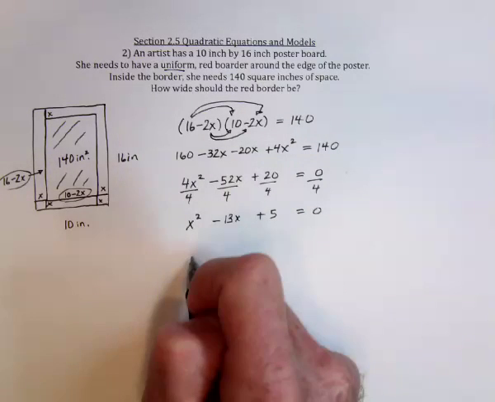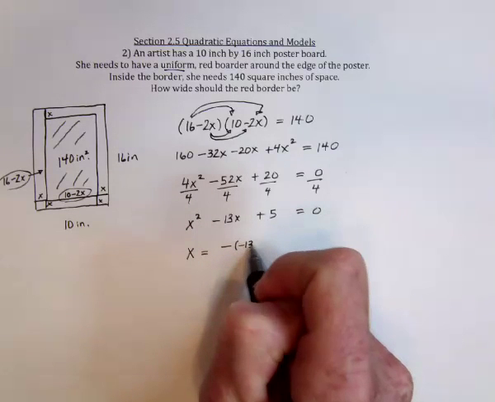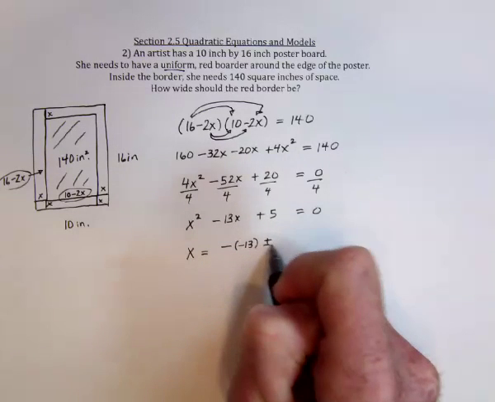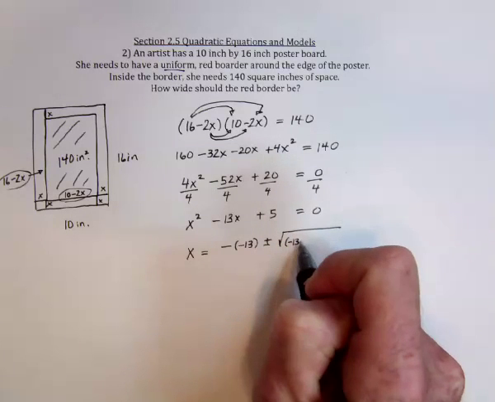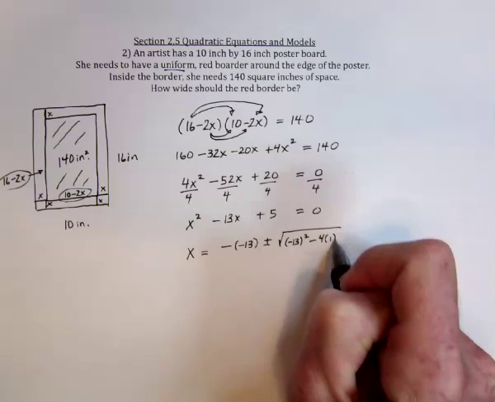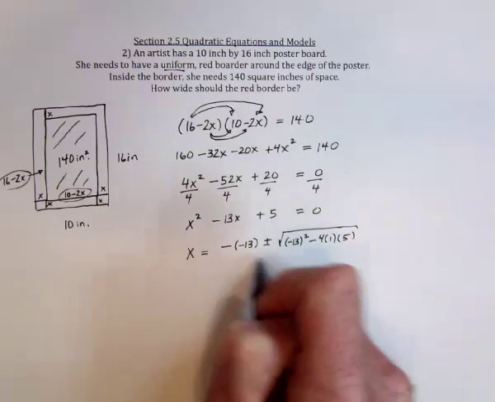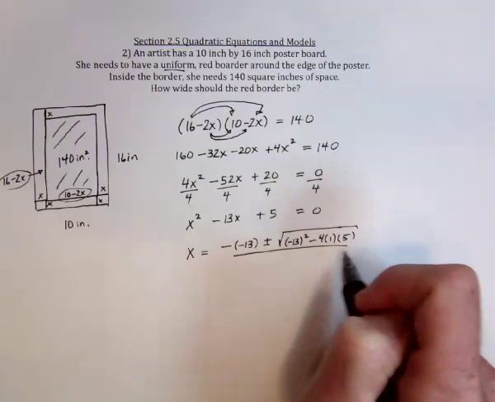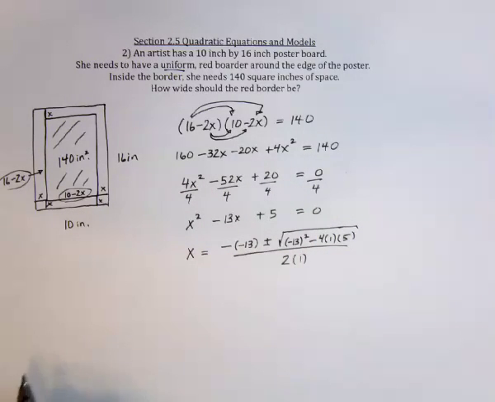And then the quadratic formula. x is equal to negative b plus or minus the square root of b squared minus 4 times the a, which is a 1, and the c, which is a 5. And for the bottom, it's going to be 2 times the a. And now reduce.